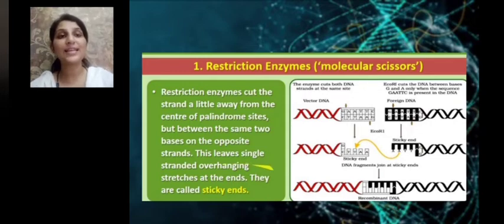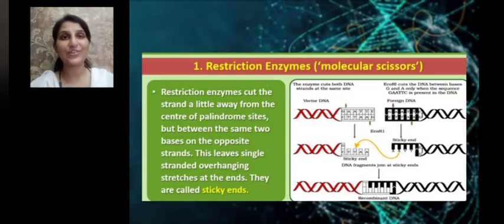This leaves single-stranded overhanging stretches at the ends. The hydrogen bonds between these two strands are broken, and as a result, single-stranded overhanging stretches are present at the ends. These are called sticky ends.